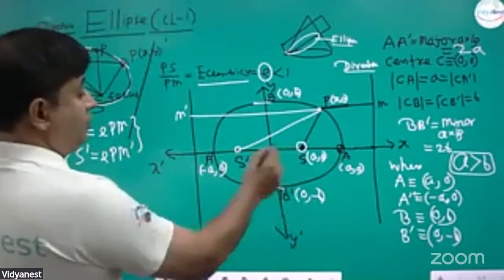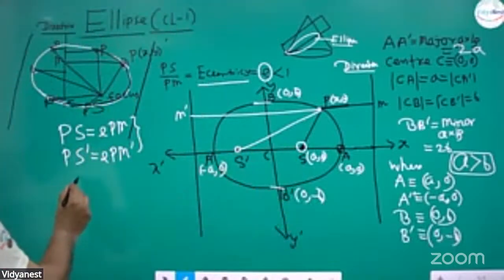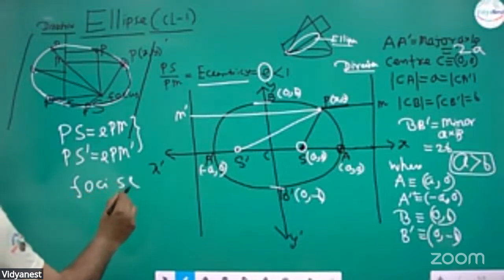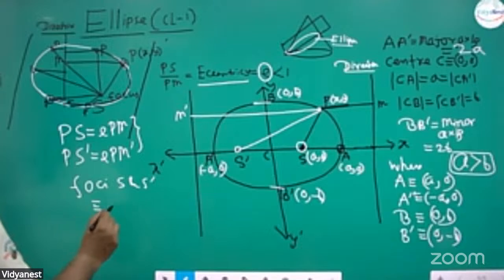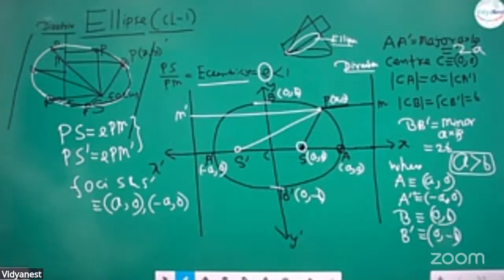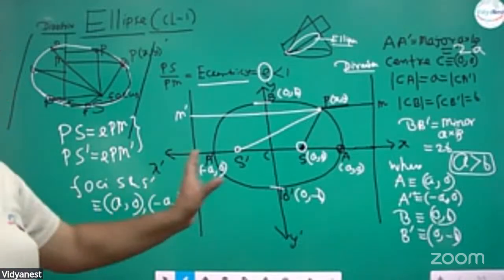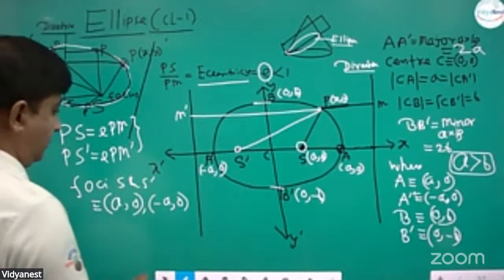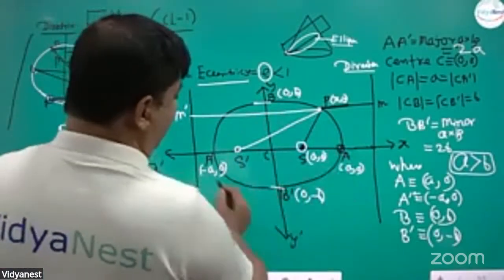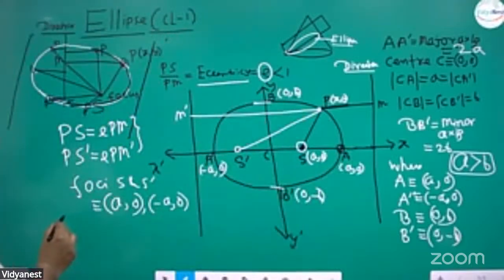So they have two focus, in plural that is called foci, S and S dash, A comma 0, minus A comma 0. What will be the axis of this? It is formed with respect to x-axis.